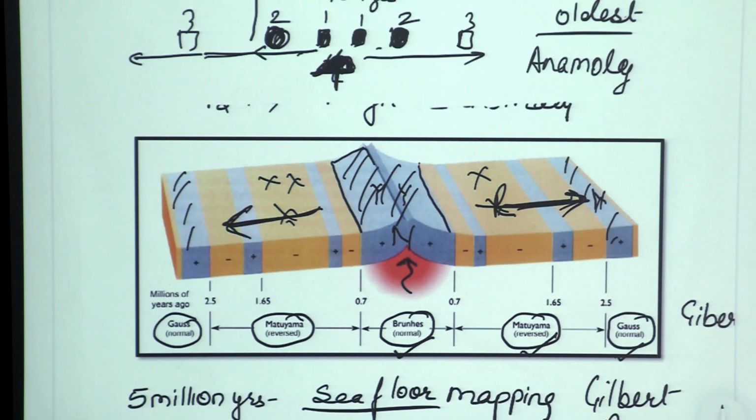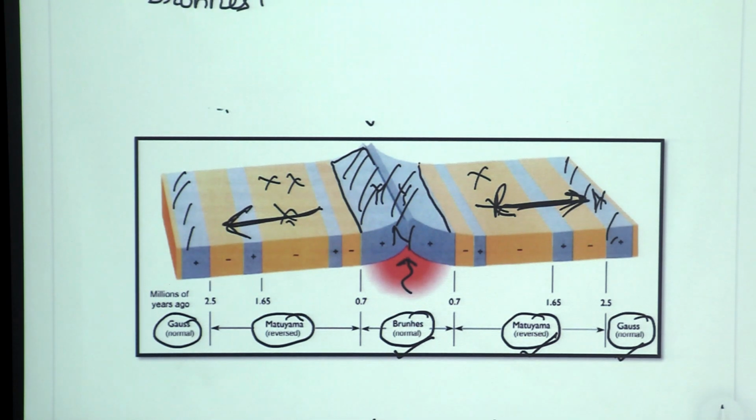Mapping of the seafloor is also related to the magnetic polarity mentioned in our NCERT, and you should be aware of it. And which are the polarities that we have actually mapped?